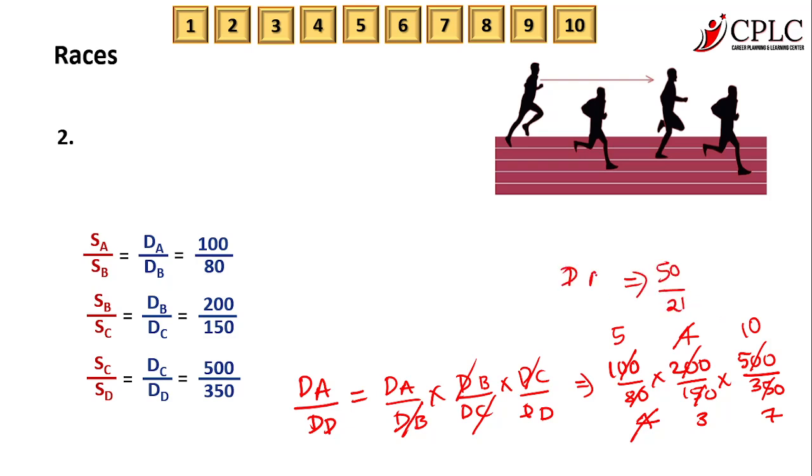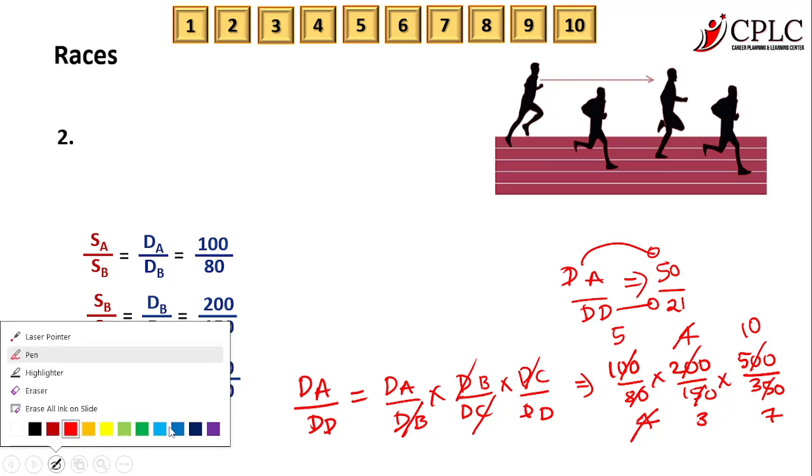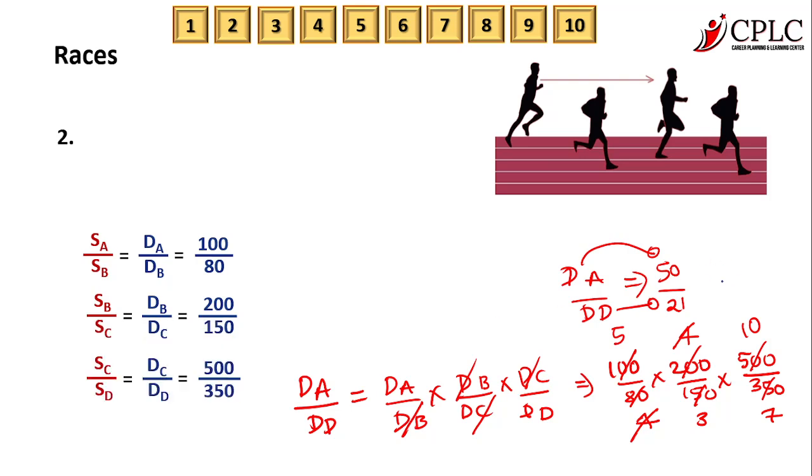So what does that mean? If it had been a 50-meter race, then A would have completed the entire 50 meters, whereas D would have done only 21 meters. But if you see the data, they are not asking about a 50-meter race, they are asking about a kilometer race.